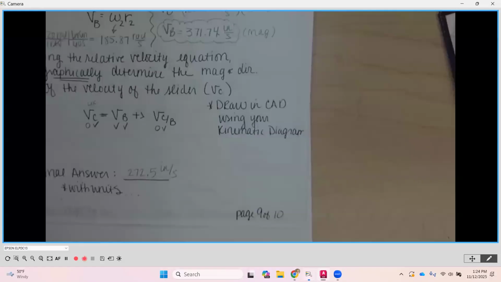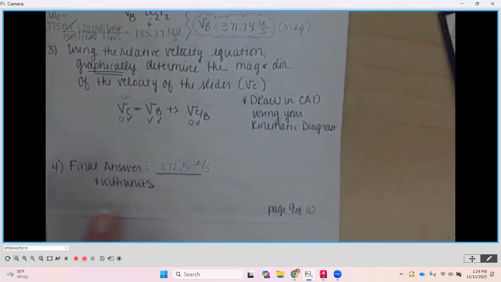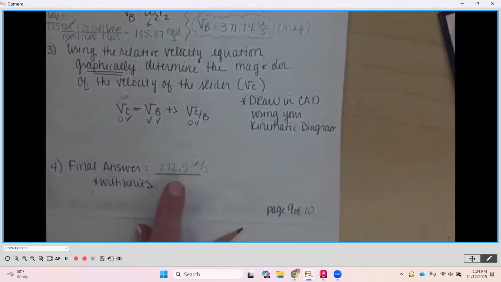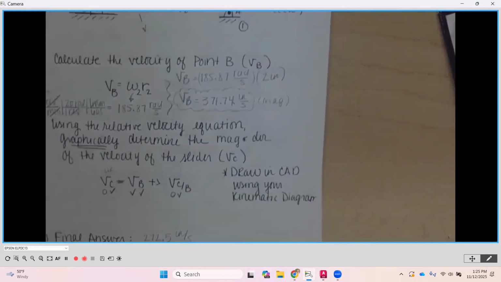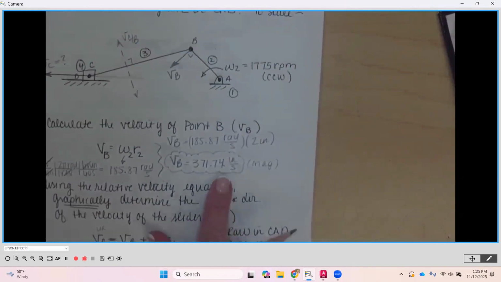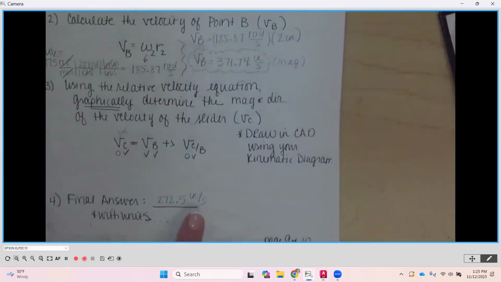Okay, so if I go back over here, this is going to be my final answer, not what you see in CAD. You need to show the dimension as you dimension it, but your final answer needs to be multiplied by 100. Because our units here were in inches per second, that means that our units here are going to be inches per second as well.